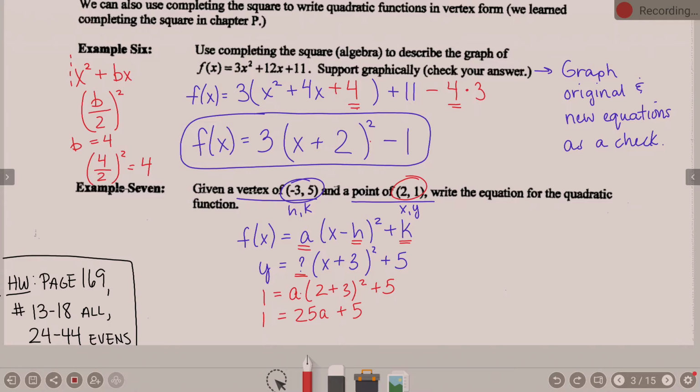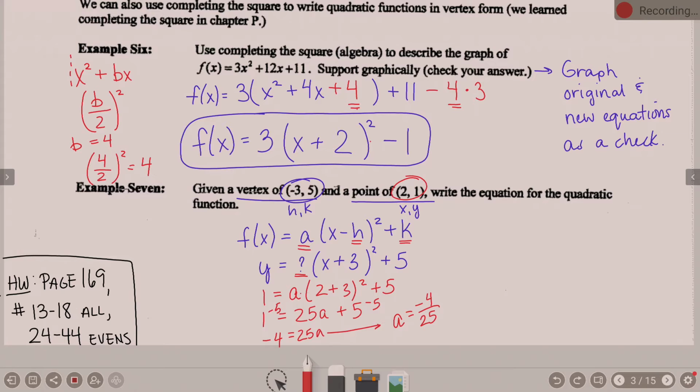So if it's 25a plus 5, we're going to subtract 5. 1 minus 5 is negative 4 equals 25a. And so then if I solve, divide by 25, and a is negative 4 divided by 25. Not pretty, but it gives me what I need, doesn't it? And I don't have to do anything else with it.